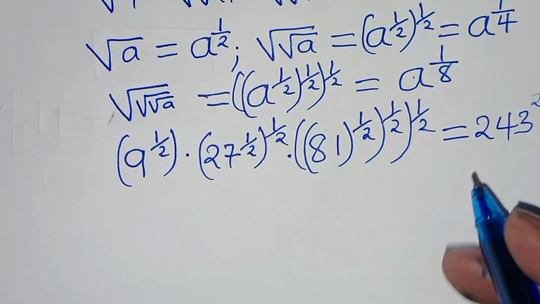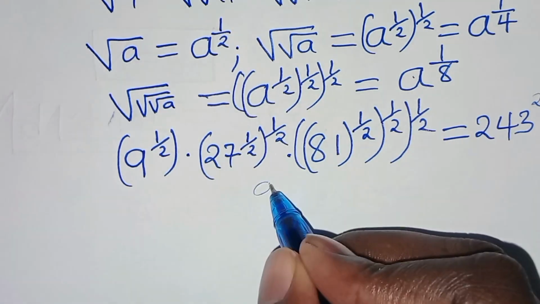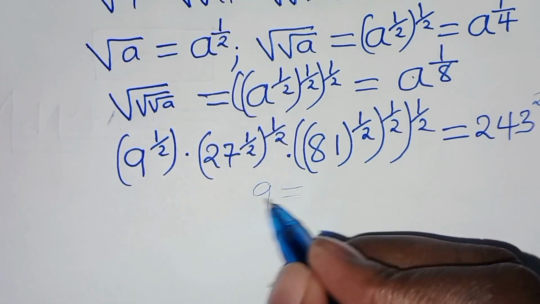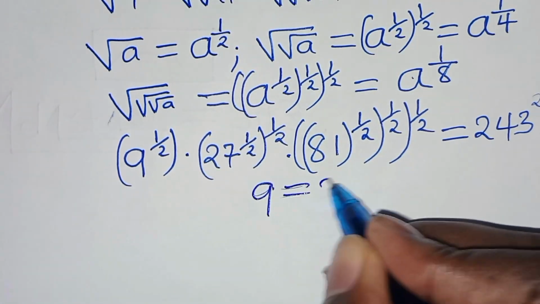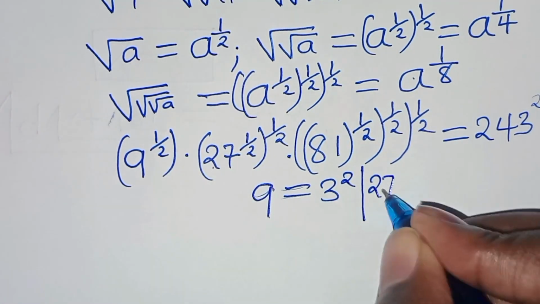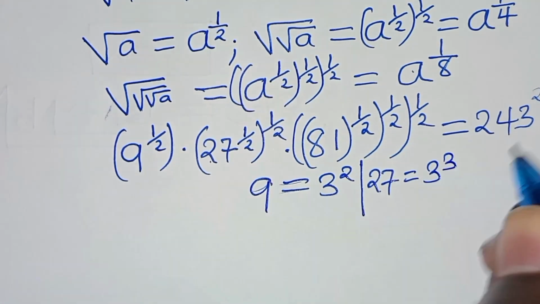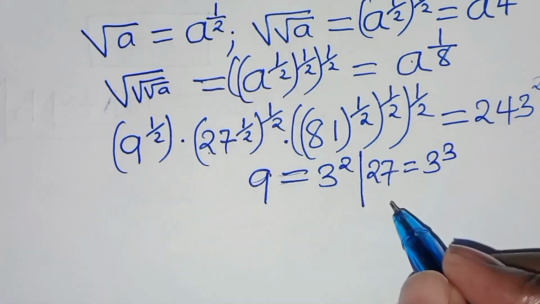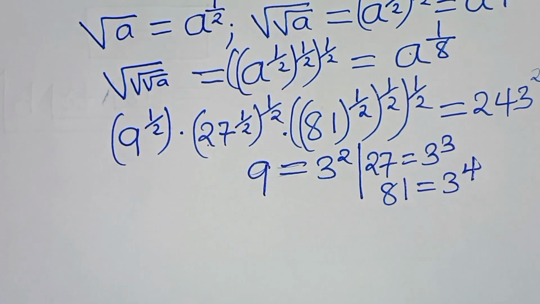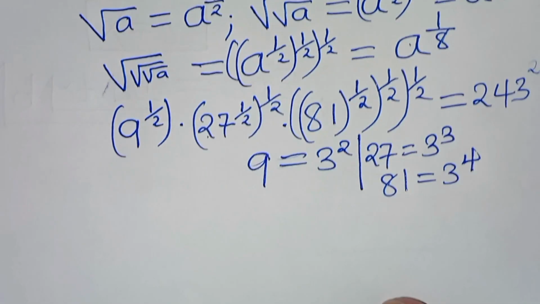The next step from here, we can express 9 as 3 to power 2, and we can express 27 as 3 to power 3. Again, we can express 81 as 3 to power 4. So let's substitute this.